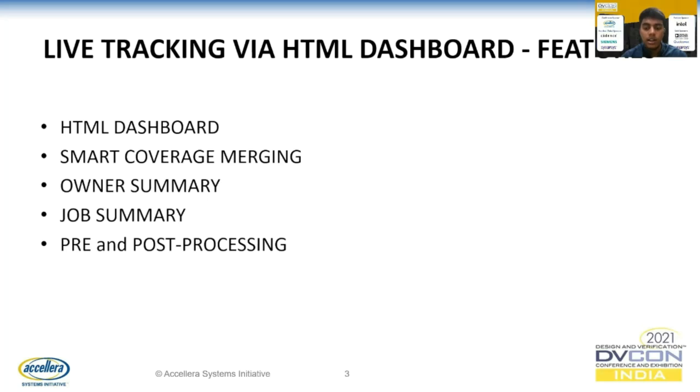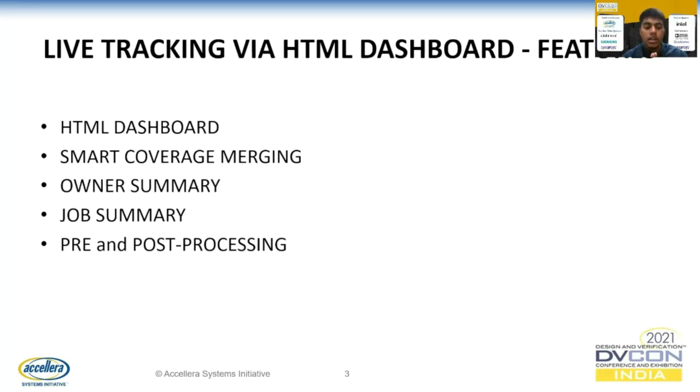Once the tests are launched, the real-time regression report and the merged coverage report are generated in HTML format with a customizable refresh rate. The HTML has the capability of triggering the coverage merge based on the list of tests which the user provides of their own interest.